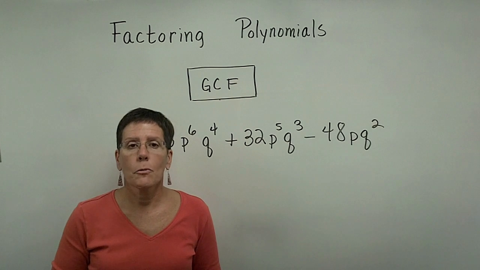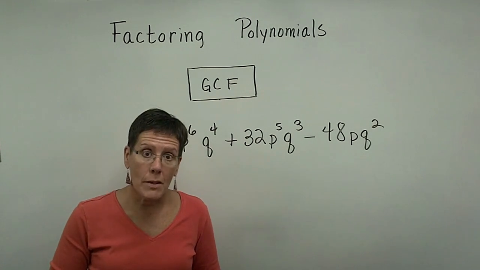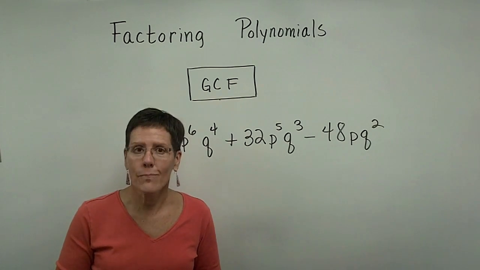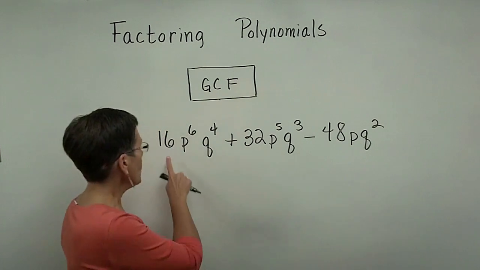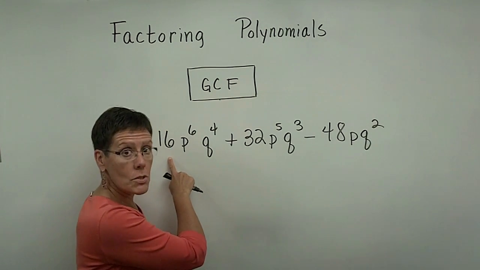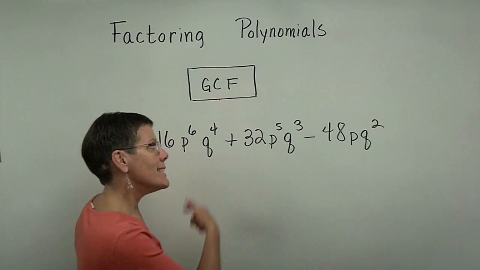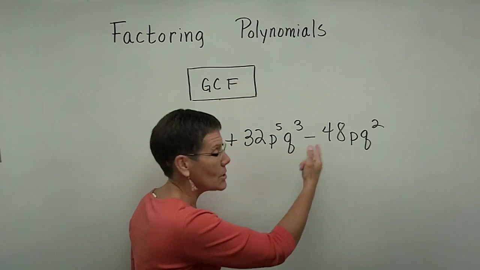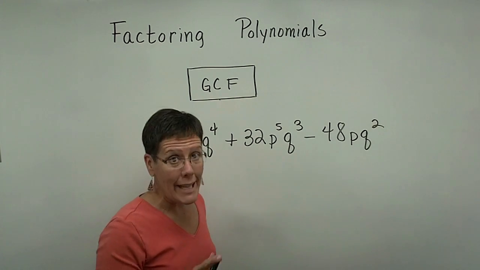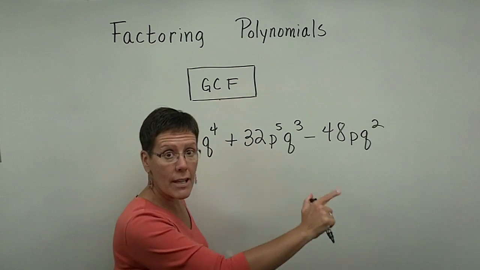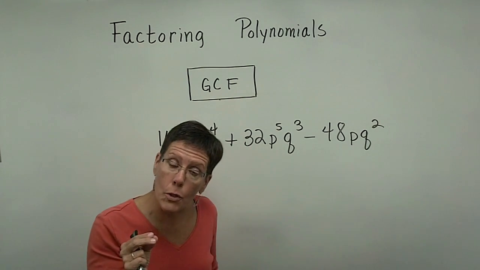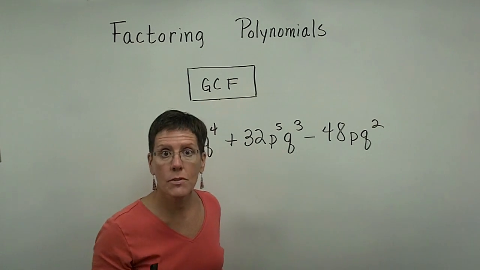One of the ways to find the greatest common factor is to write them as the product of their primes. That's an option. So this would be 2 times 2 times 2 times 2. And you do that with the 32, and you do that with the 48. Well, it happens that the common factors that these all share are those 4 2's, or a factor of 16.